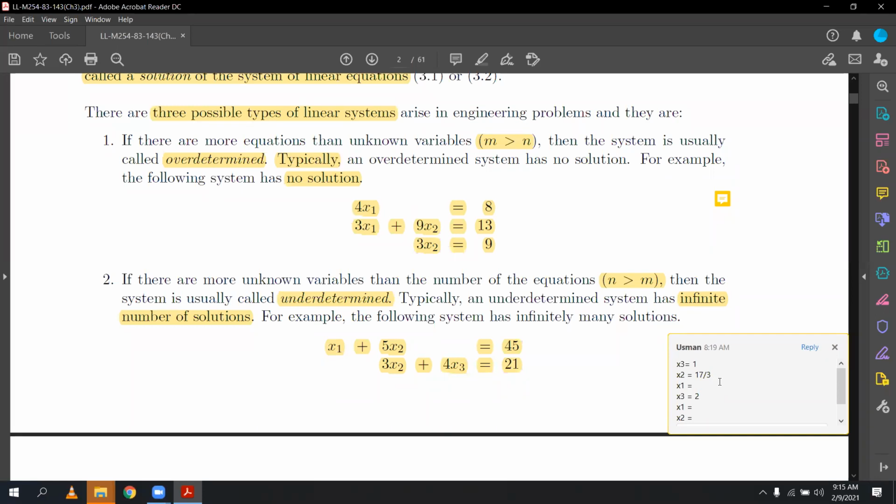But this solution is for what? When you assume x3 equal to 1. Let's say you do not assume x3 equal to 1, you have x3 equal to 2. Then you have a new solution, in which x1 and x2 are different from the previous one. So it means this type of system also depends on our assuming choices.